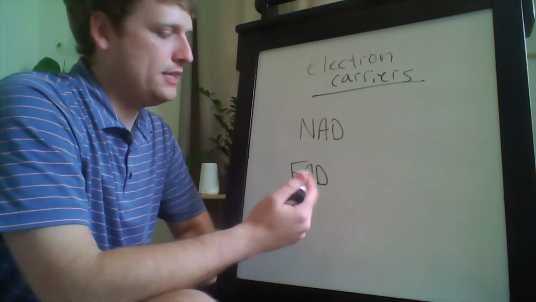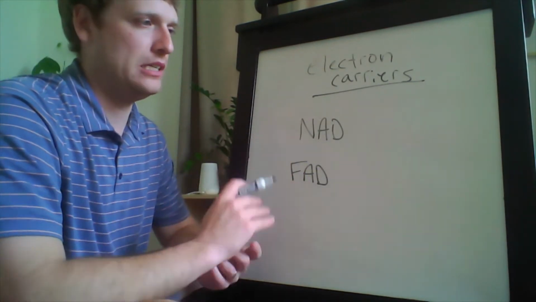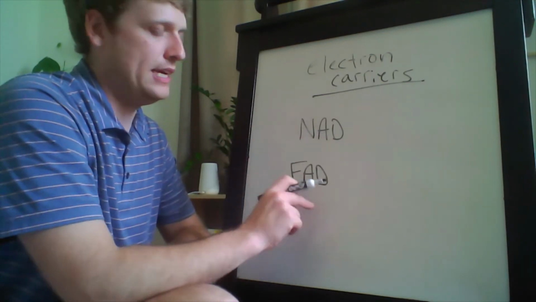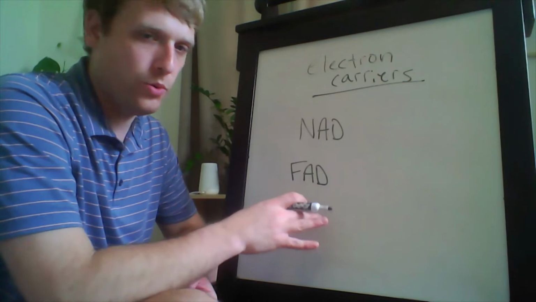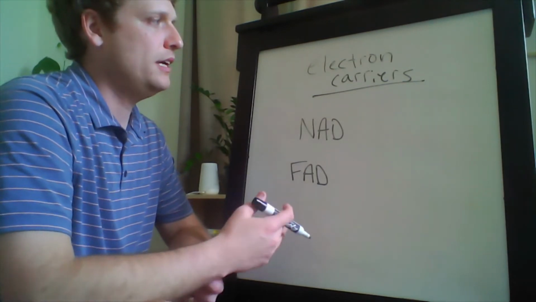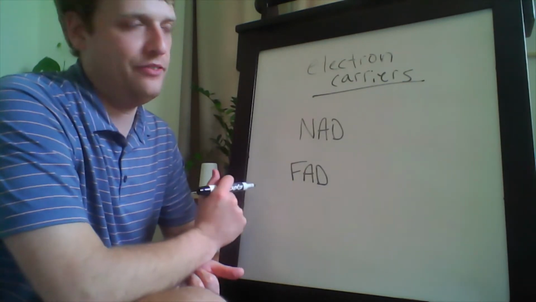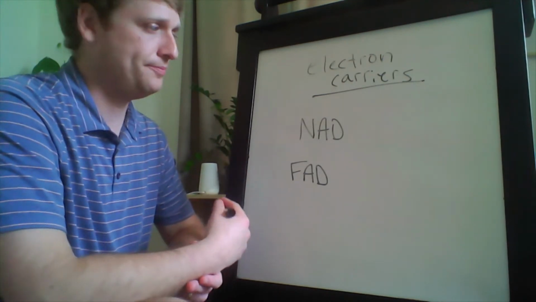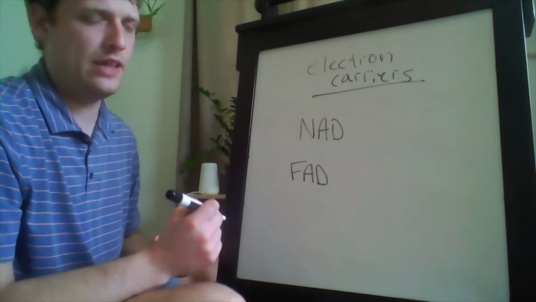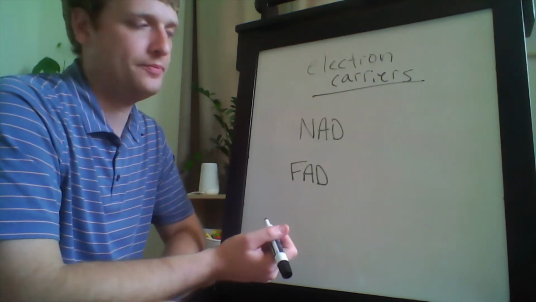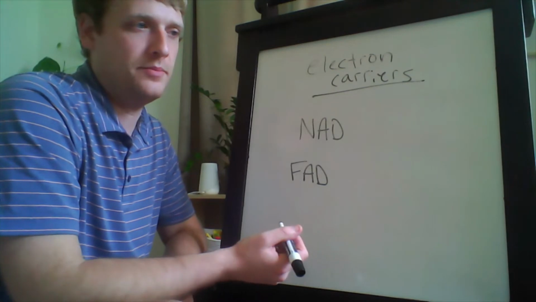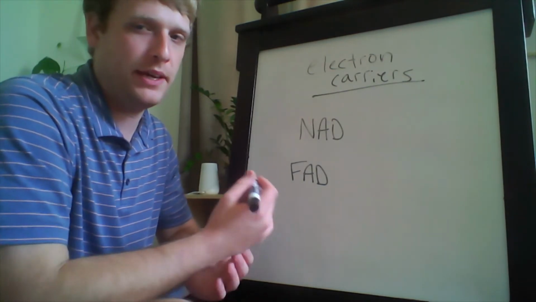What these two stand for is kind of irrelevant. We won't be required to know what NAD and FAD stand for. But what we do want to know is that they have high affinity for electrons. So they are going to be reduced. And when something is reduced, when it's picking up electrons, oftentimes it's not going to be simply picking up electrons.